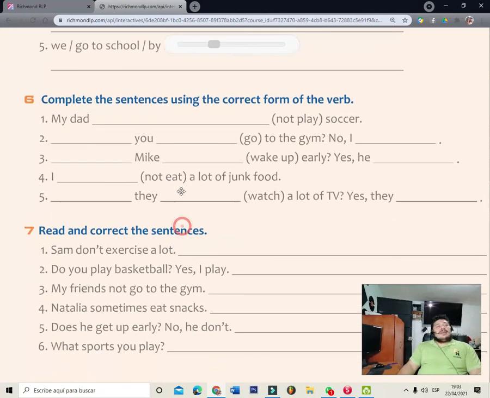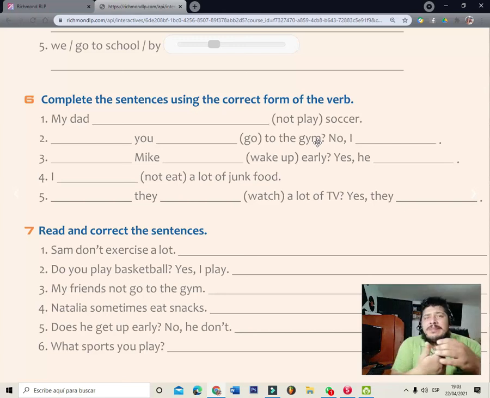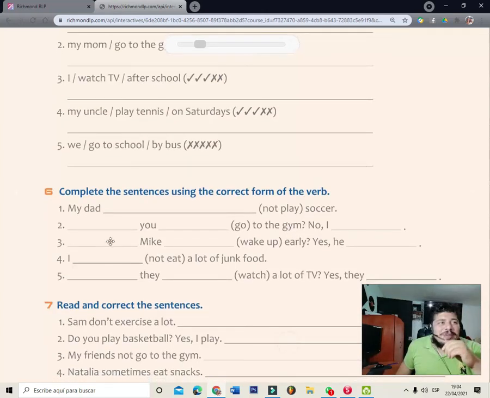And fine. Then we have exercise number six. Complete the sentences using the correct form of the verb. For example, my dad, we have not and play. So what do you think? My dad don't play or my dad doesn't play? Number two is a question.